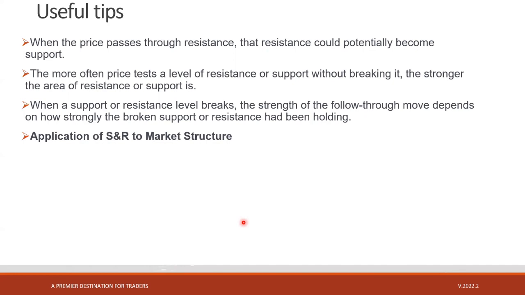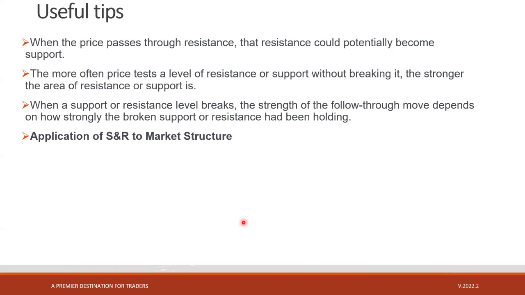Now, the more often a level is tested, either as support or resistance, the stronger that area of support or resistance is. So if price has rejected a certain area once, twice, 3, 4, 5 times, well, that area is significant. Now, significant in what sense? Does it mean it would always hold?